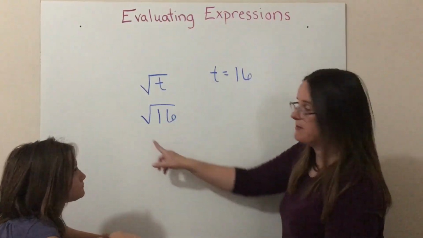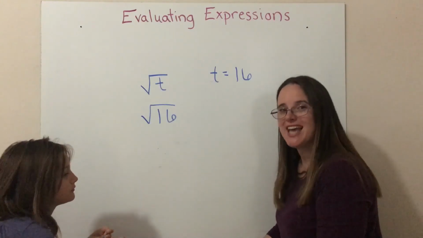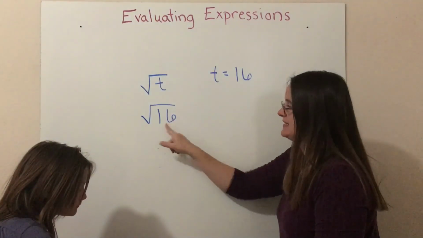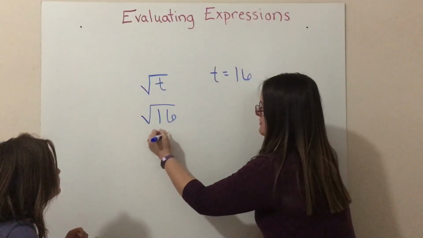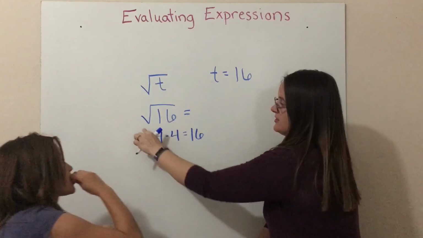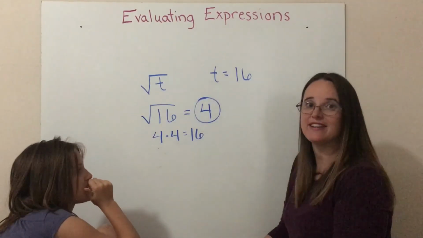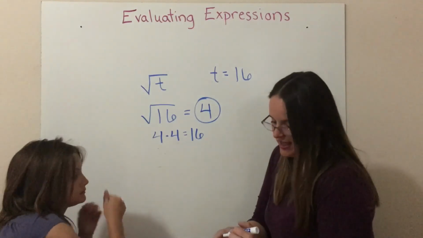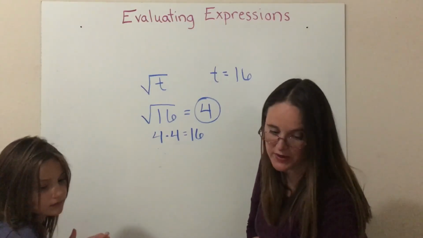And if you remember, square root means we're looking for what number times itself is equal to 16. 4. So 4 times 4 equals 16, which tells me that the square root of 16 is equal to 4. Final answer.